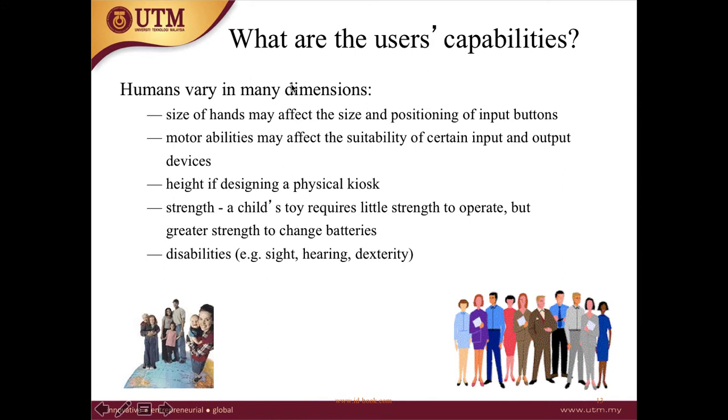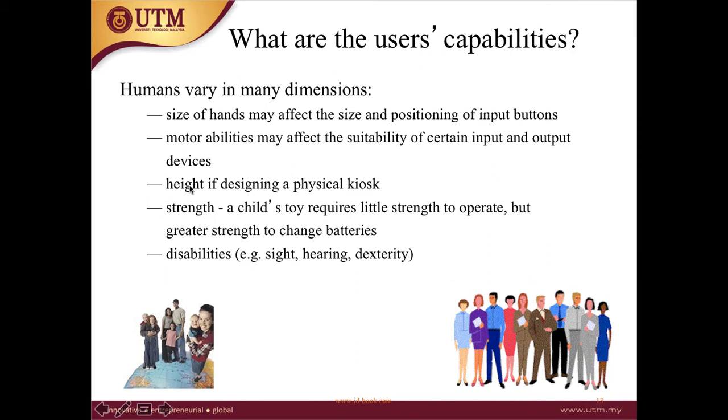In terms of capability, humans are very different. We are very different from each other in terms of size of the hand. Some of you have a similar size of the hand, some of you have significantly different size. Some of you are good in playing football, some of you are good in playing badminton, so you have a different motor ability. And some of you have a different height. Of course, if you're designing a physical kiosk, you have to consider the standard height for kiosks.